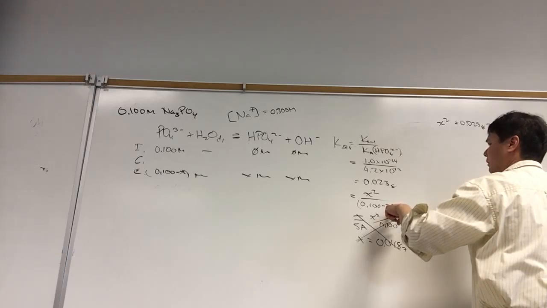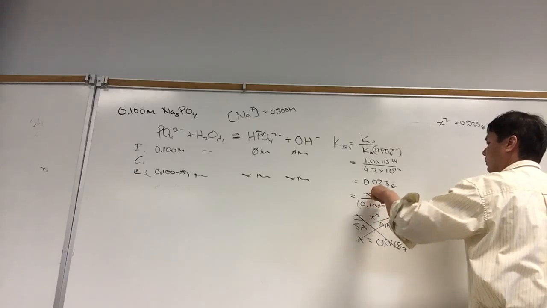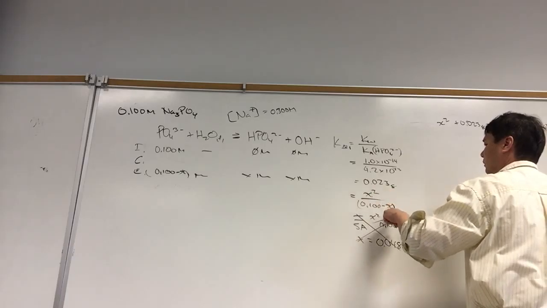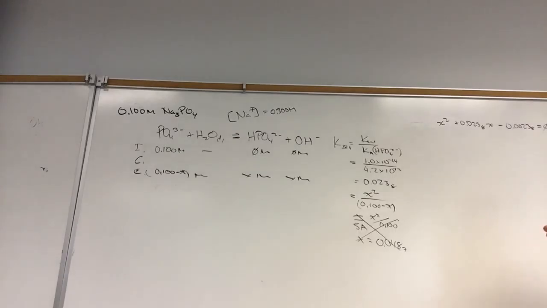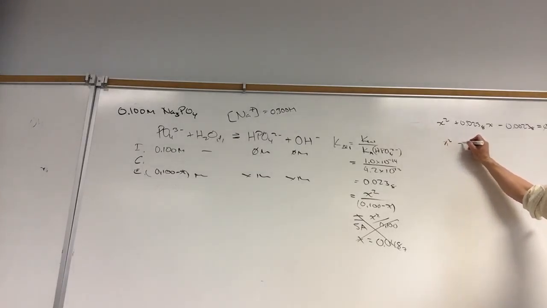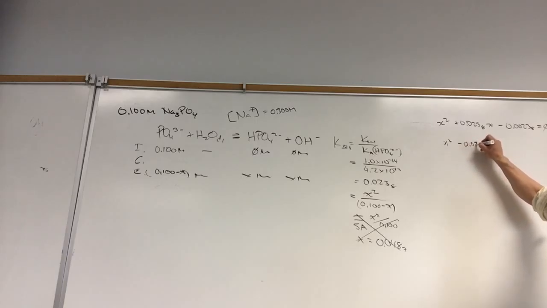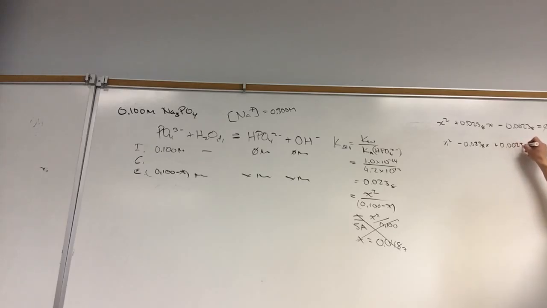The first one would be 0.00238x, and that's the negative. The last term is 0.0238. All right, what is it? x squared minus 0.0238x plus 0.00238. That's it? Okay. All right, thanks.